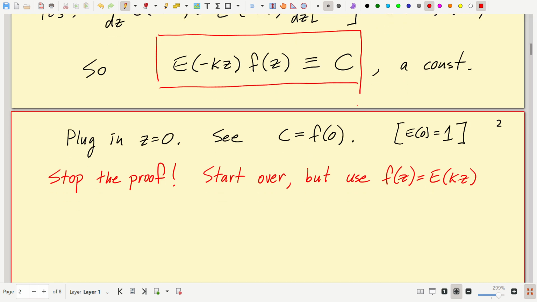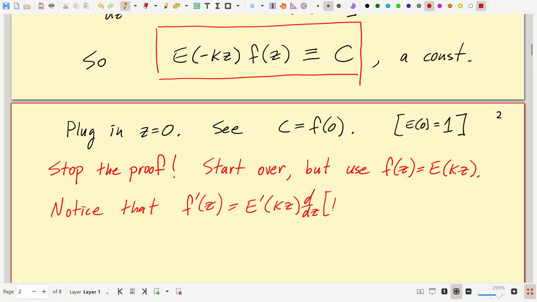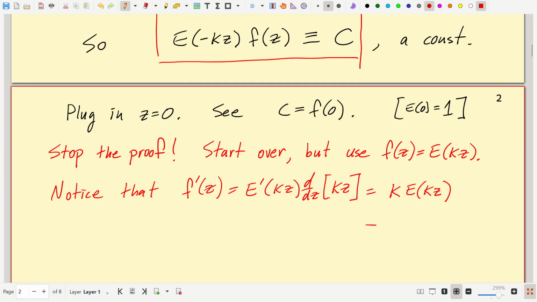And if I let f of z be e to the kz, notice that f prime of z by the chain rule would be e prime of kz times d by dz of kz, and that's k times e to the kz. That means that f satisfies f prime of z equals k times f of z.